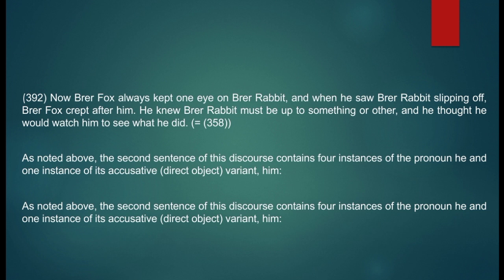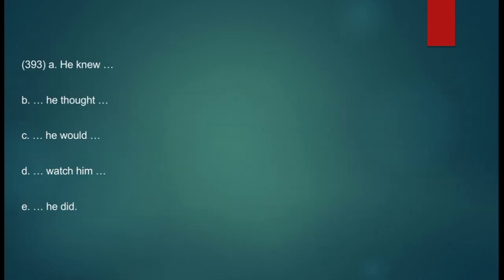As noted above, the second sentence of the discourse contains four instances of the pronoun he and one instance of its accusative direct object variant him. So the obvious question is how the reader knows in each of these cases whether the referent of the pronoun is Brer Fox or Brer Rabbit.